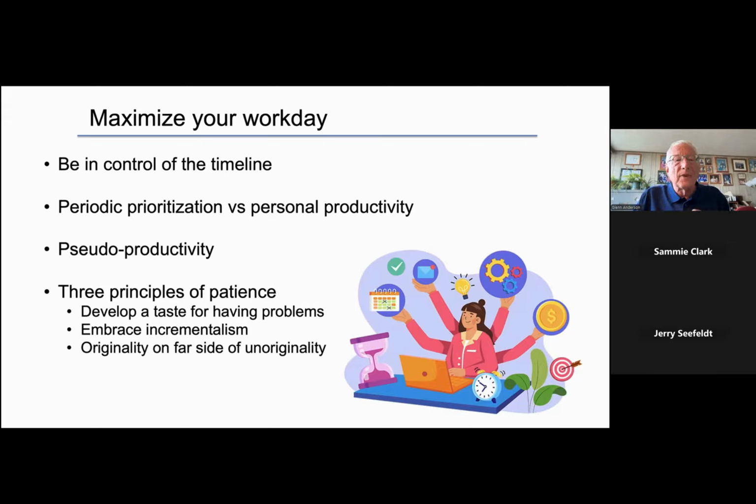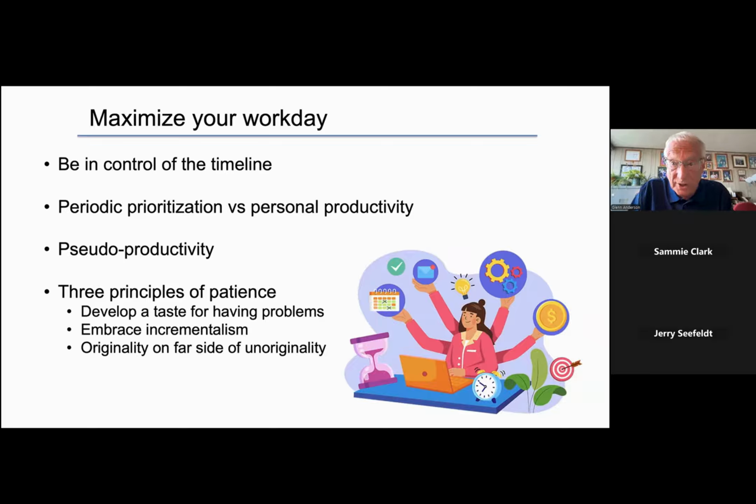And then this is interesting. Originality is found on the far side of unoriginality. That is, you need to have patience as you look for originality and creativity. You need to have patience as you move through normal stuff, the typical stuff, the things that are happening every day that are not particularly unique or interesting.